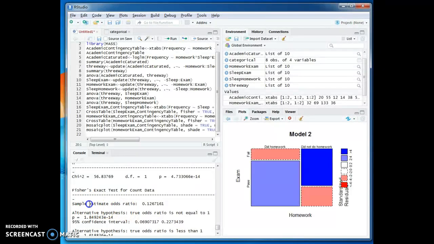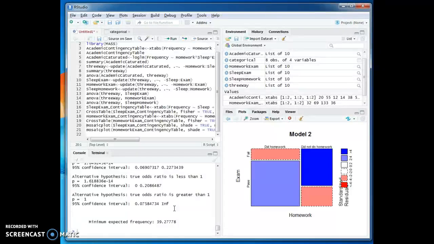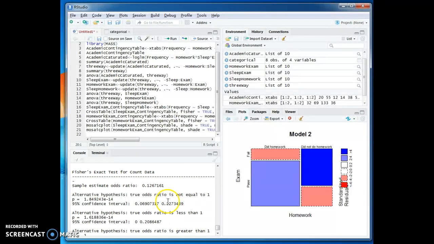Right here the sample estimate odds ratio is 0.126, and so we conclude that people who have more than 8 hours of sleep are more likely to pass the exam. However, students who did not do their homework are more likely to fail the exam.